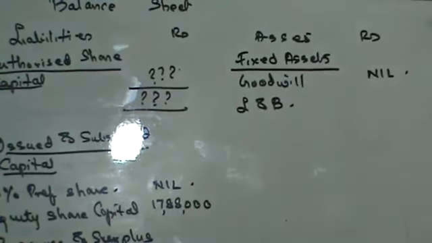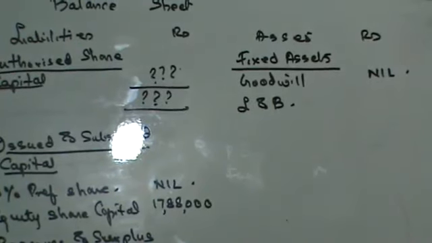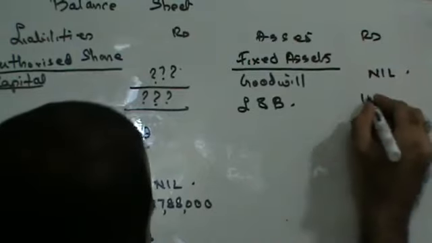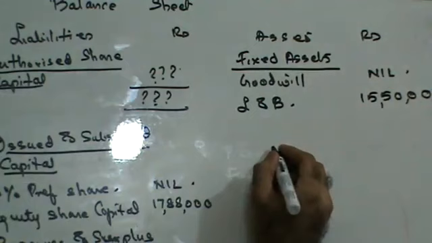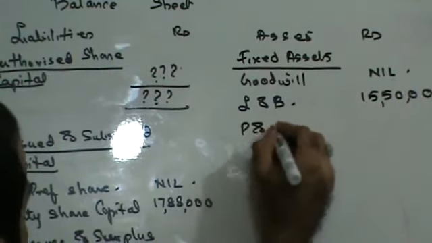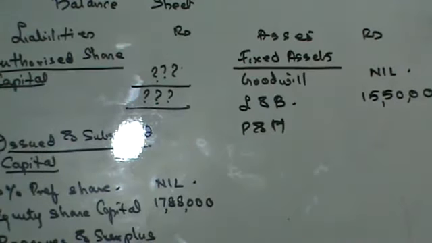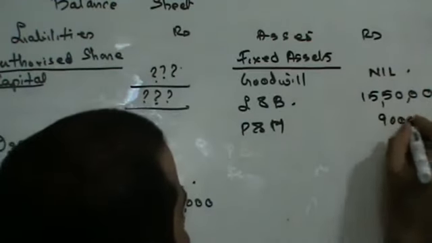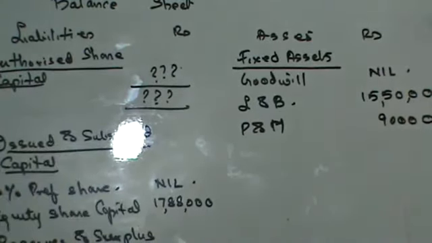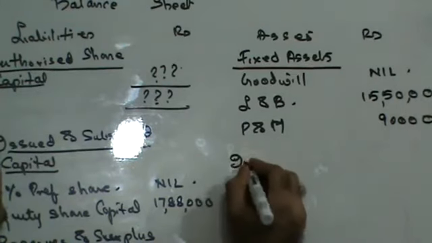Land and building is 19,50,000 and you have 4 lakhs on the credit side. So that's 15,50,000. Then you have plant and machinery. Plant and machinery as per the balance sheet is 70,000 and here it is on the debit side 20,000, so 90,000. Then you have investments, which will be nil.